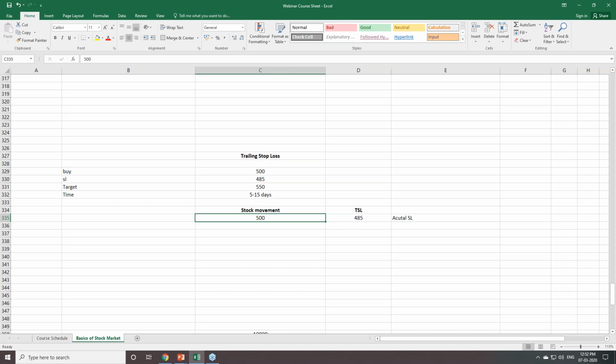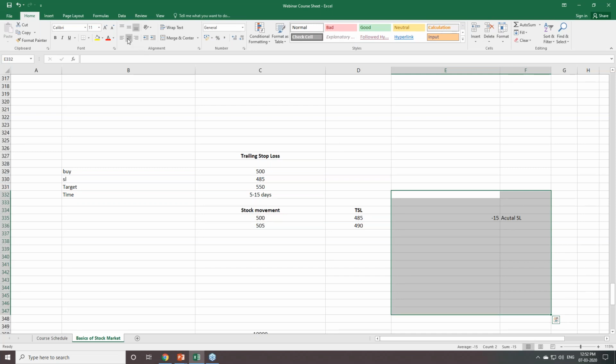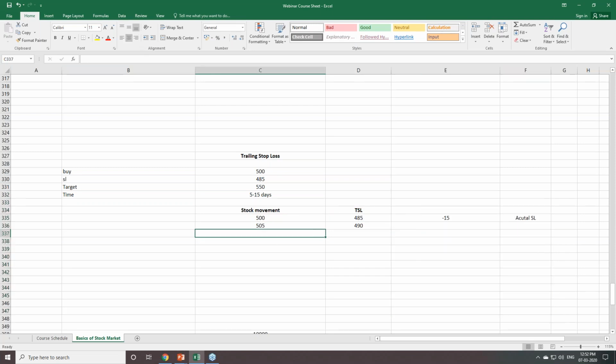When you buy a stock at 500 and it moves to 505, you have to shift your stop loss to 490. From 15 rupees risk, you are bringing it down to 10 rupees. Next, when the stock moves to 515, you should shift your stop loss to 505.